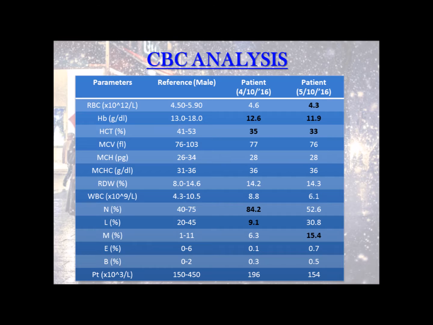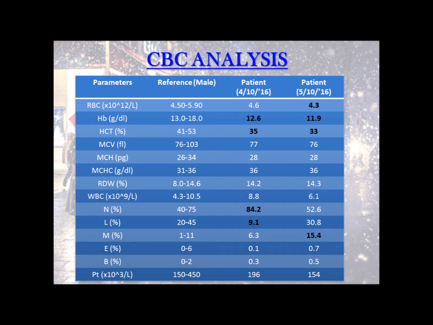On the first day, the hemoglobin count was lower, at 12.6 gram per deciliter, while the neutrophils were in a higher range, 84.2%. The lymphocytes were quite low, at just 9.1 percent, and the patient's platelets were still within the normal range on the first day.